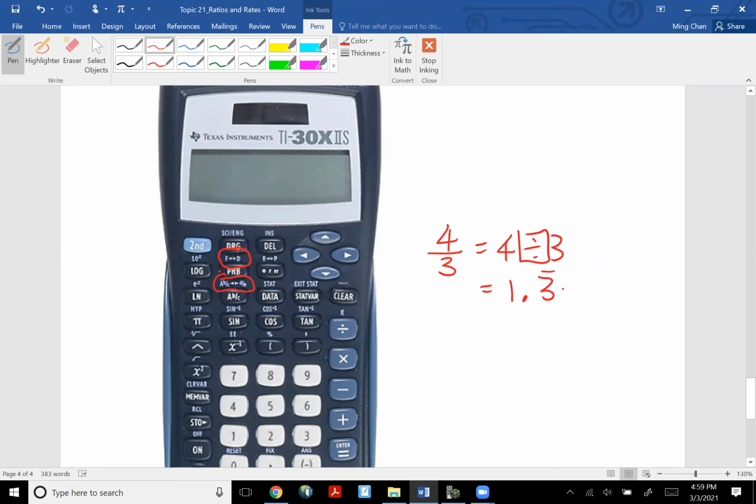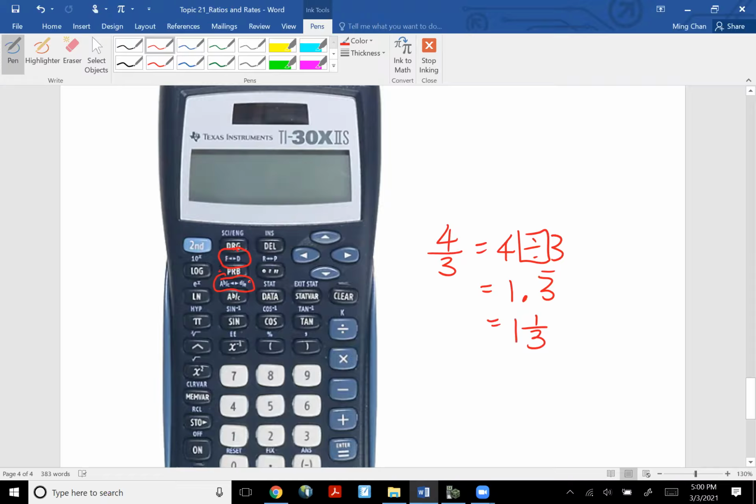If I want to convert this 1.3 repeating back into 4 over 3, since these are color coded, I need to press second first and then this button called PRB, which gives you the command converting between fraction and decimal. Sometimes it will display a mixed number answer first before you convert it back into an improper fraction.